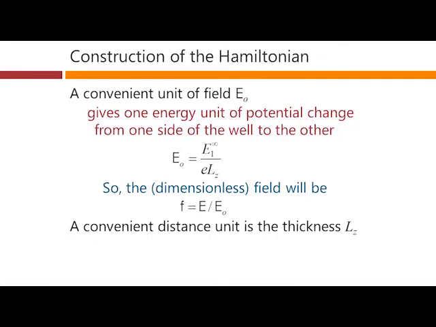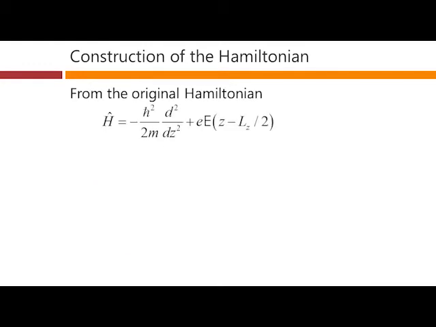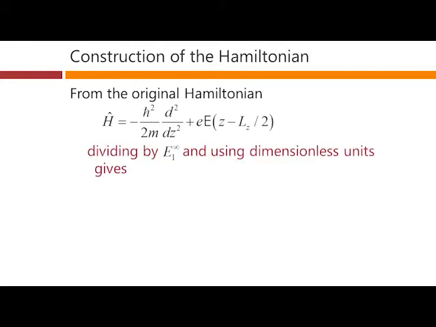And obviously a convenient distance unit in this problem is the thickness, Lz, of the well. So the dimensionless distance will be xc here, which is z over Lz. From the original Hamiltonian, which we wrote out in this form, dividing by this energy unit, E1 infinity, and using dimensionless units gives this form of the Hamiltonian, now a dimensionless form, 1 over pi squared d2 by dxc squared plus f times xc minus a half here.